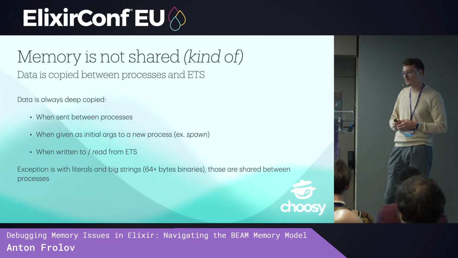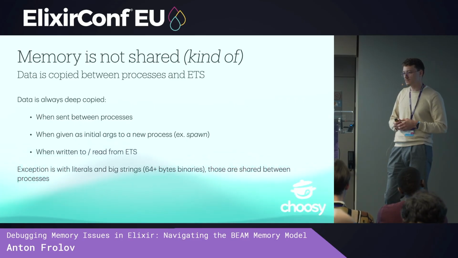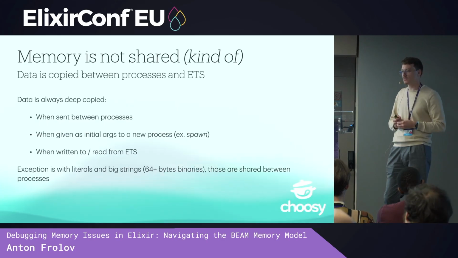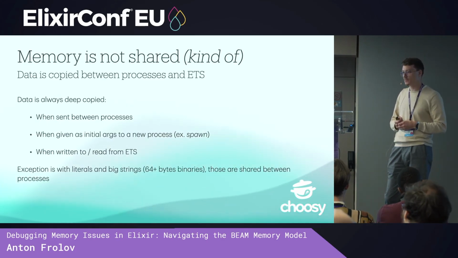Sure. So how does the BEAM transfer the reference to a binary, if you send a binary from one process to another? It just sends the reference, so it does not copy your binary. Oh, okay. Yeah, it's an optimization, I think.